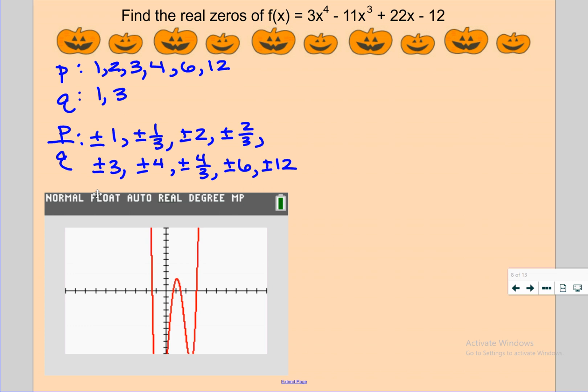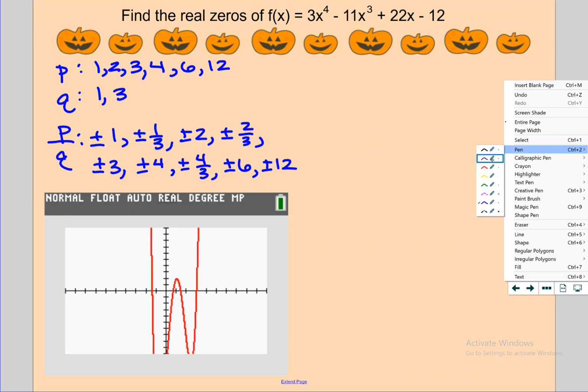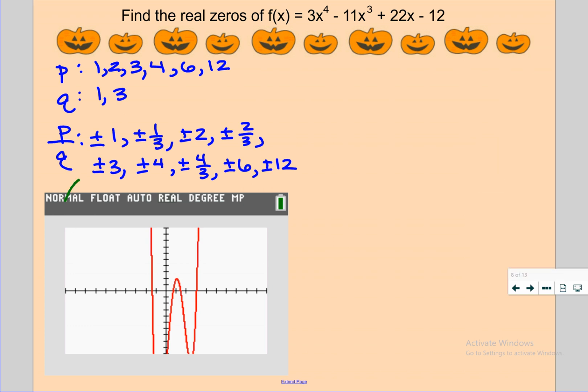All right. If you had to pick numbers from that P over Q list that you think could be x-intercepts, what would you guess? 3 looks good. Anybody else that we want to add to that list? 4/3.